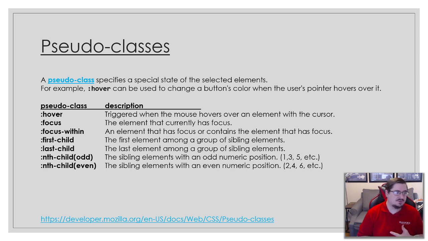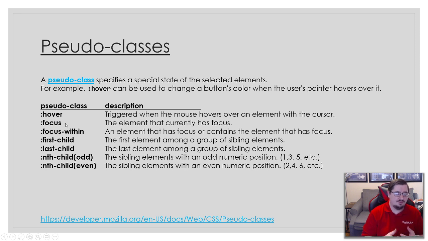Pseudo selectors are also another kind of selector, and they select based on the state of an element, okay, based on special states of those elements. So for instance, the hover pseudo class applies when the mouse pointer is over it, when the mouse hovers over it. So a few pseudo classes that we use pretty often. First one being hover, if your mouse is over it.